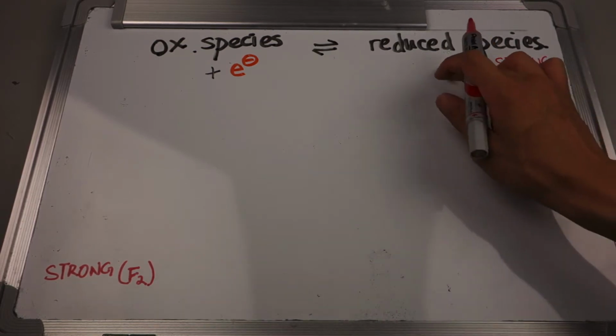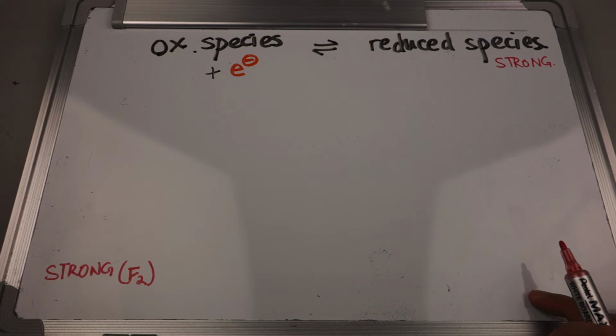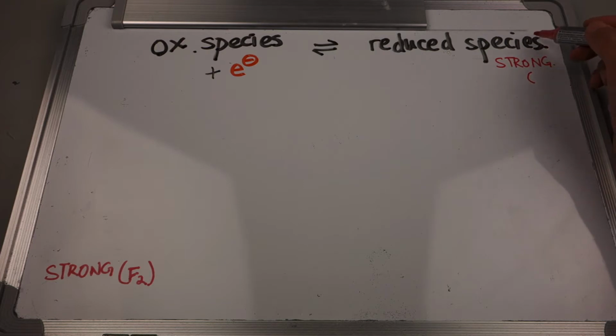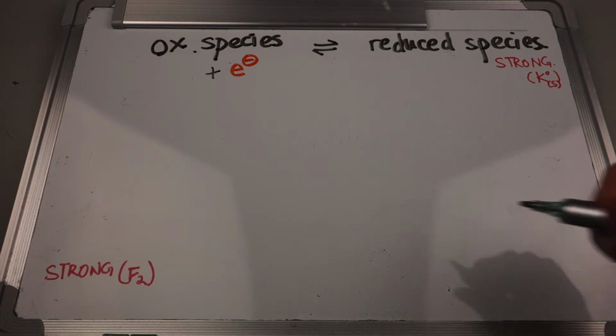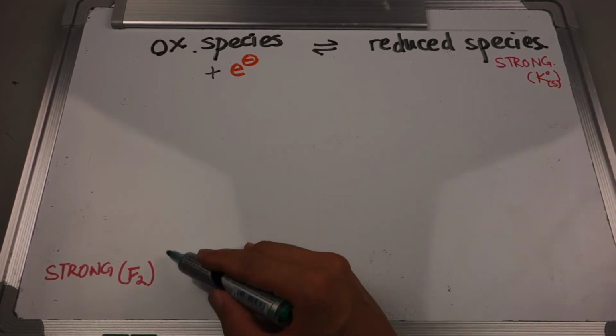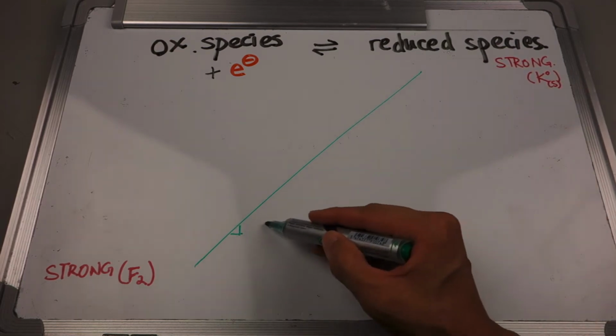These have to follow, because if you have a strong electron receiver, the reduced species must be a weak electron giver. An example of a species that likes to donate electrons strongly might have been potassium metal. If we set it up as such, then the trend you would see is that if you have a strong electron donor and a strong electron acceptor, then you would find them with a positive slope.